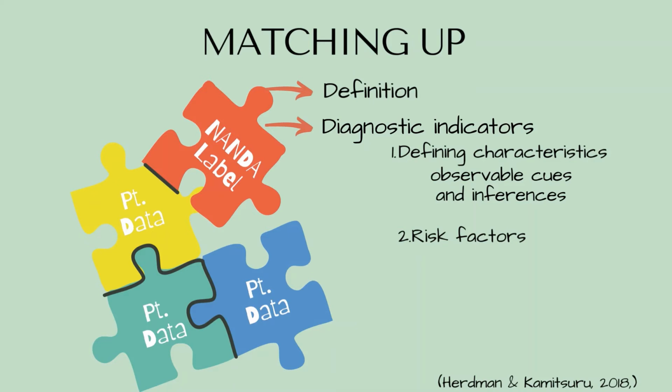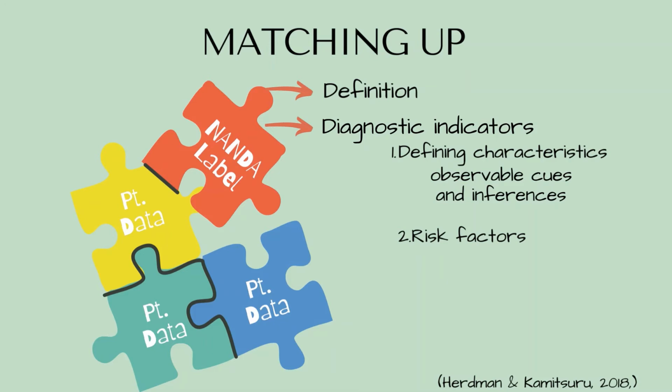The second is the diagnostic indicators. Diagnostic indicators include defining characteristics, which are observable cues, inferences that cluster as manifestations or signs and symptoms of a diagnosis. An assessment that identifies the presence of a number of defining characteristics lends support to the accuracy of the nursing diagnosis.